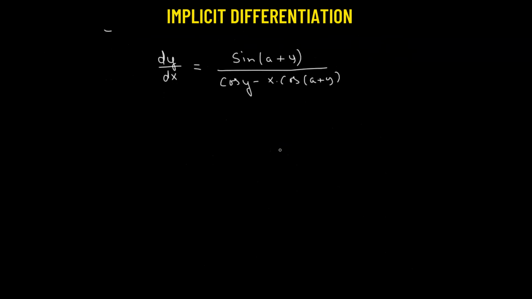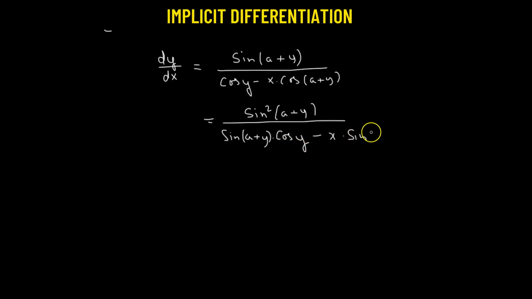So what we are going to do is multiply both the numerator and denominator by sin(a + y). So in the numerator we have sin squared of (a + y) divided by, so we're going to multiply sin(a + y) to each term. So we have sin(a + y) multiplied by cos y minus x times sin(a + y) multiplied by cos(a + y).